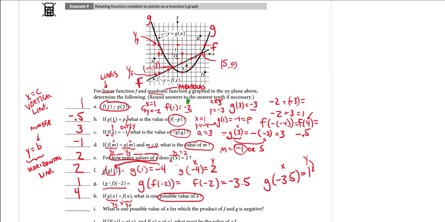We could do negative 4. And in fact, anything to the left of, I'm going to shade this and then I'm going to erase it.